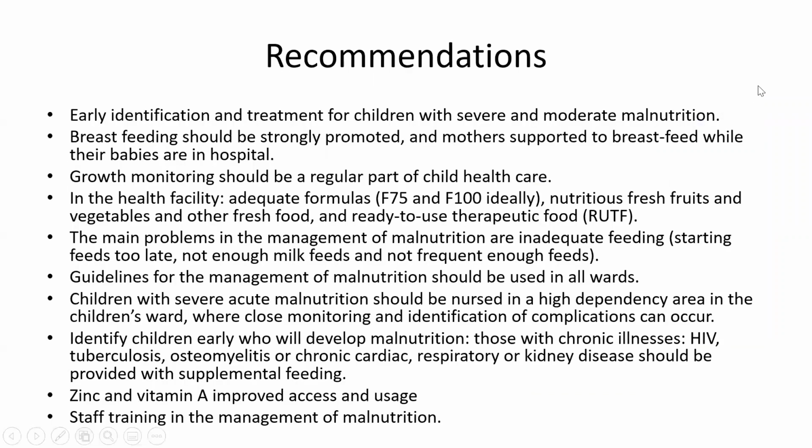I won't go through all this, but the recommendations for how to improve further the management of severe malnutrition are in the annual report, and these are the recommendations made by the Paediatric Society for the further improvements in mortality rates for children with severe malnutrition.